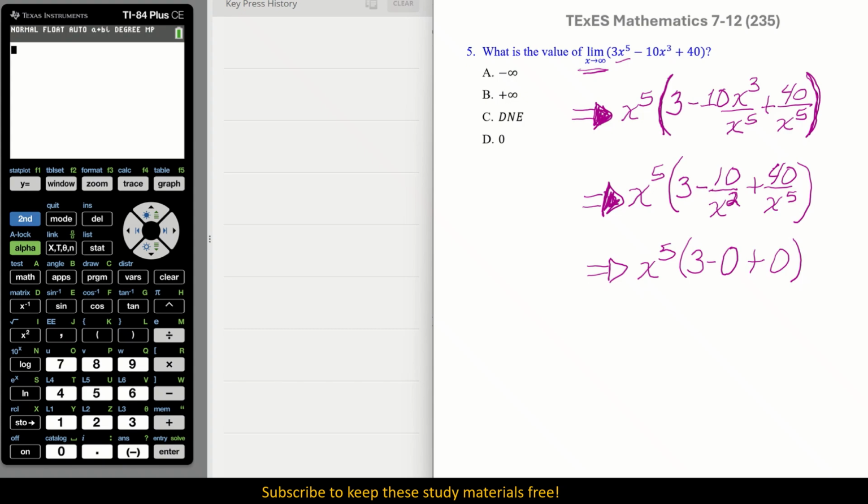So when we simplify and clean that up, we see that we have 3x to the 5th. As x approaches infinitely large values, it has no boundary.